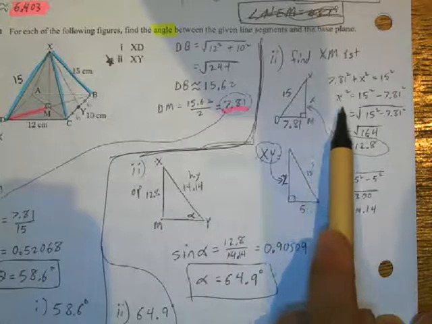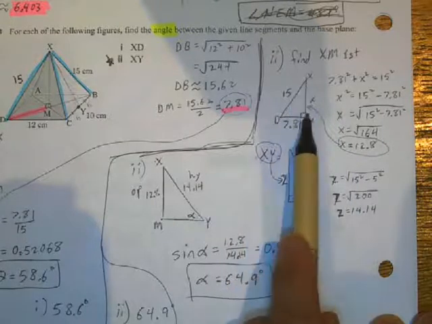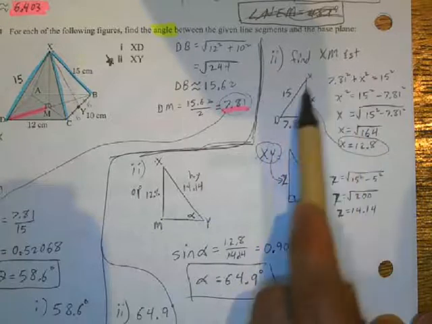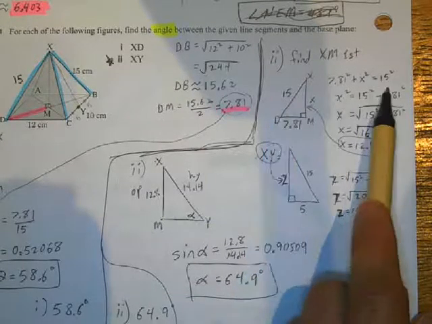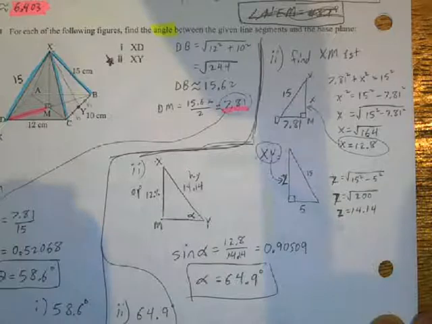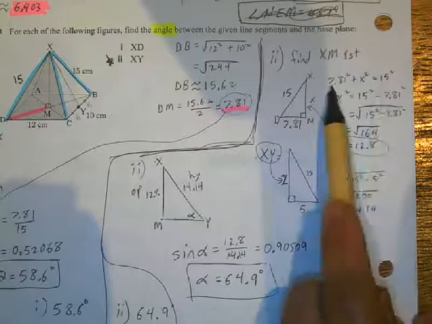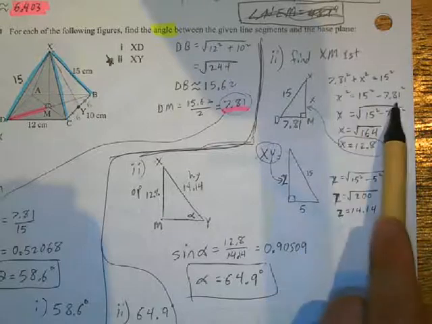So I've got this squared plus XM squared is equal to the hypotenuse squared, which is 15 squared. And then I subtracted 7.81 squared on both sides.